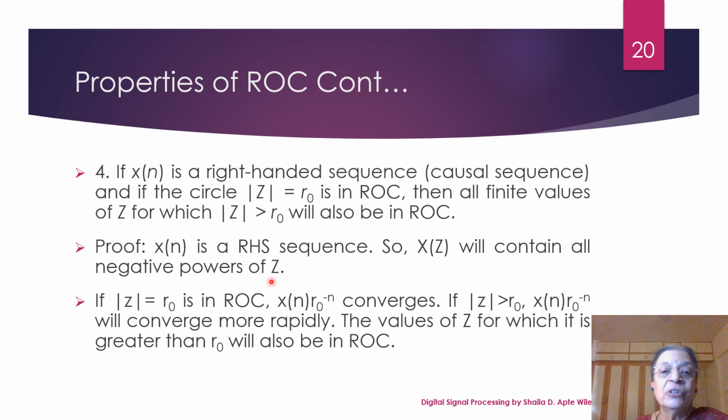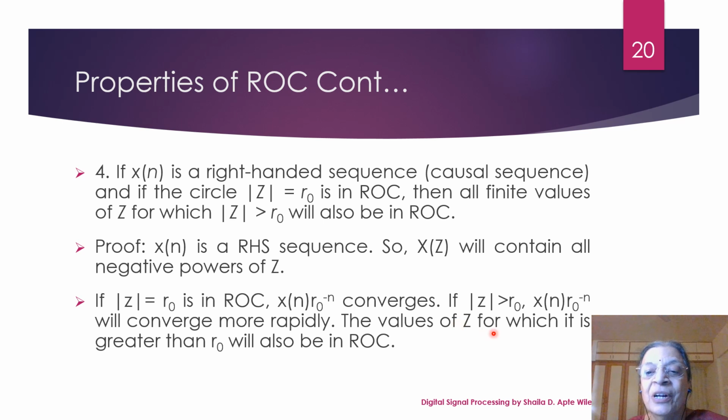So if mod z equal to r0 is in ROC, x[n] r raised to minus n converges. Now if mod z is greater than r0, suppose we consider a circle which is having the radius greater than r0, then in that case x[n] with corresponding r raised to minus n will also converge. It will converge more rapidly because the corresponding radius is higher.